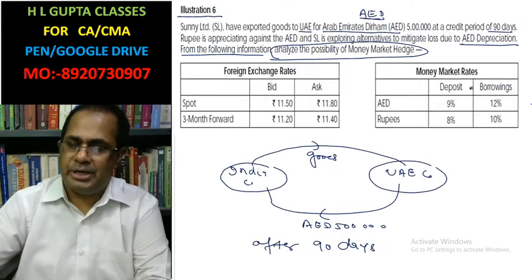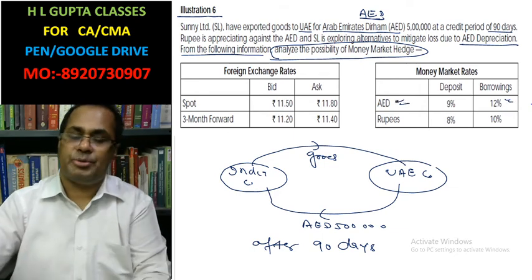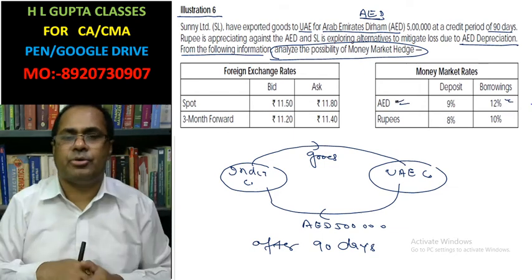What is the borrowing rate? Borrowing rate is 12% of AED currency, because AED currency we are going to borrow.